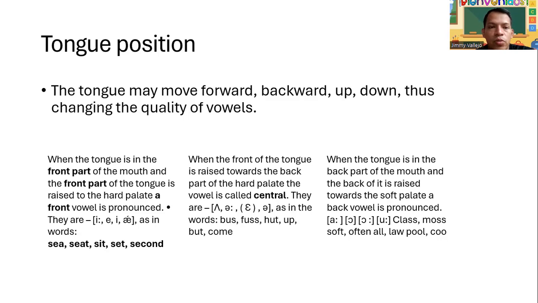The tongue position is another characteristic. The tongue may move forward, backward, up, down, thus changing the quality of the vowels. Here we have three positions of the tongue, according to each vowel.